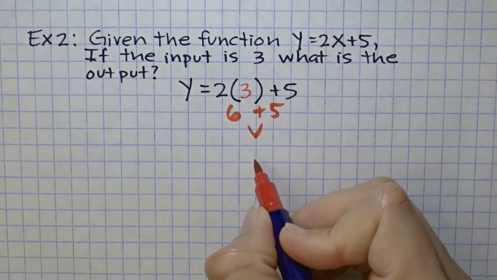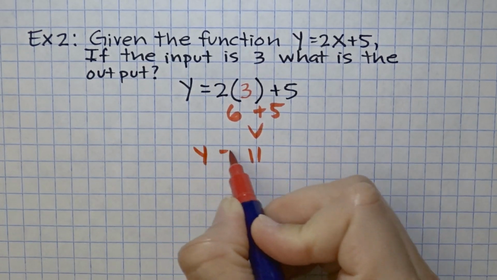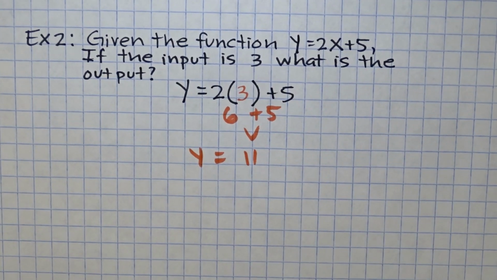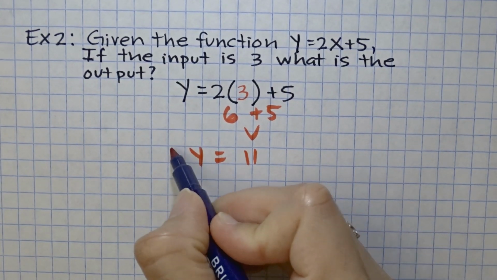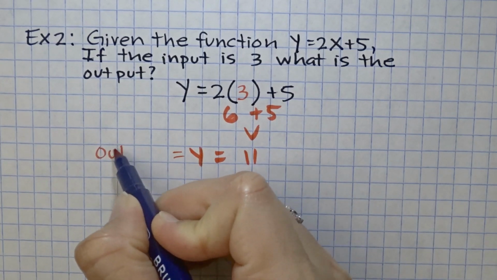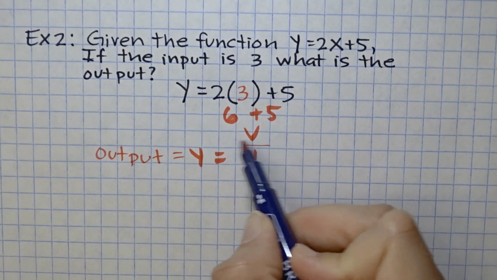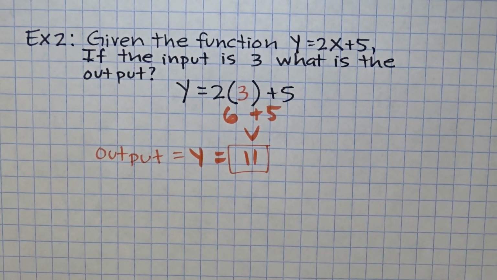And that gives you 11. So that means what is the output? The output is 11. And we know that also equals the y. So your output, or your y, is 11. Okay?